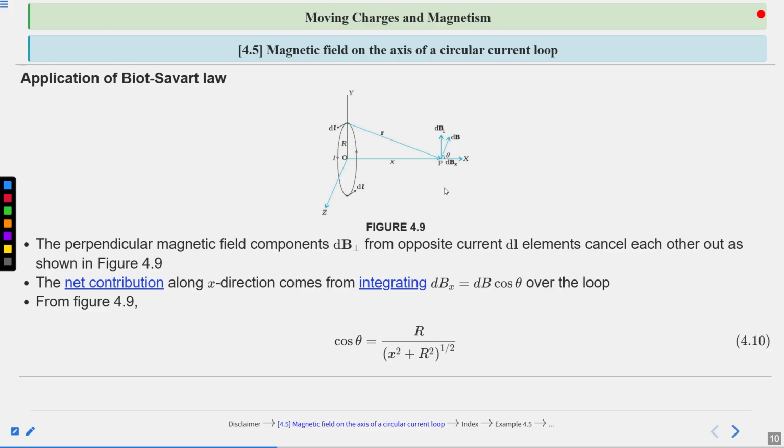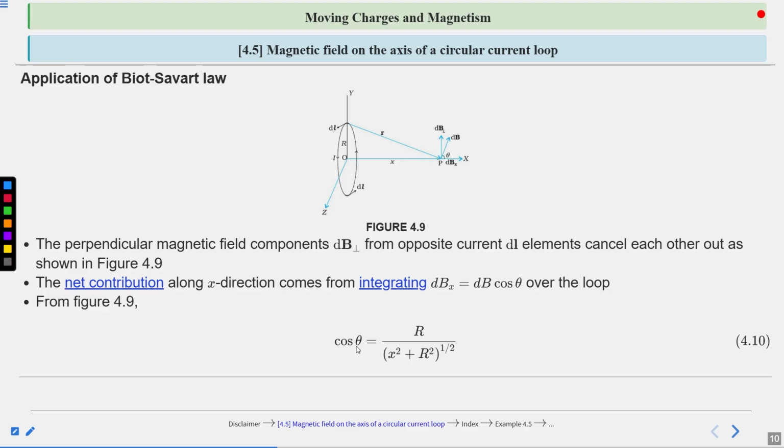By using geometry, you can find that the angle between dB perpendicular and this r is also theta. You can find it by geometry. So we have to find the cos theta for this theta.